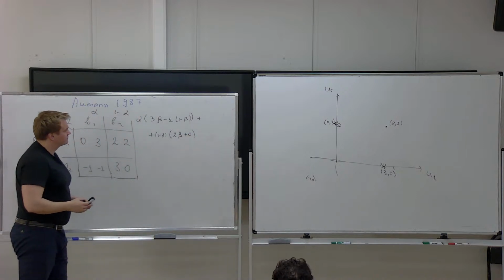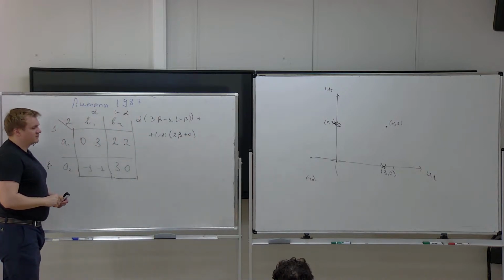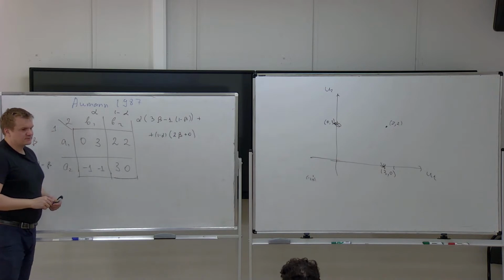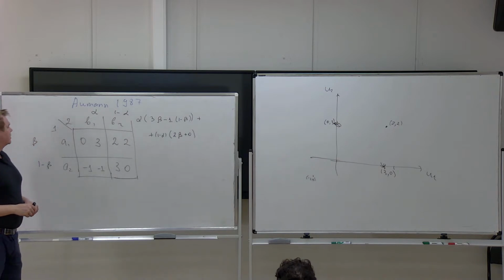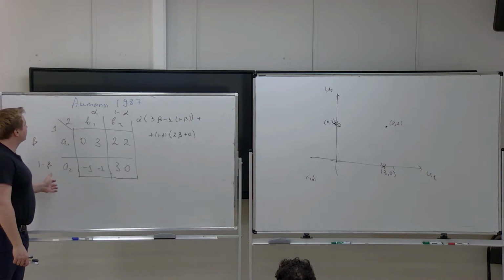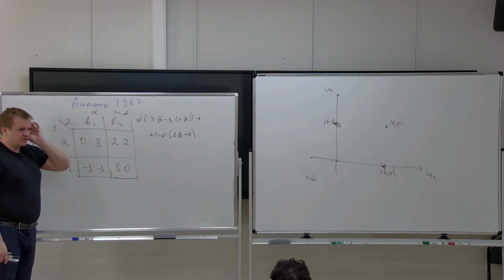So that's the payoff of the second player in a profile of mixed strategies in which we mix beta, 1 minus beta, alpha, 1 minus alpha.